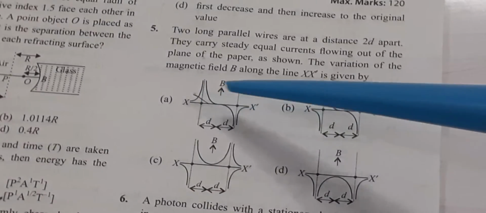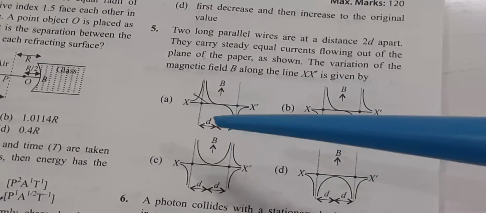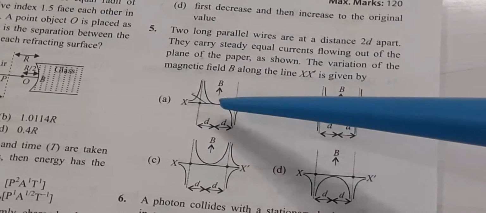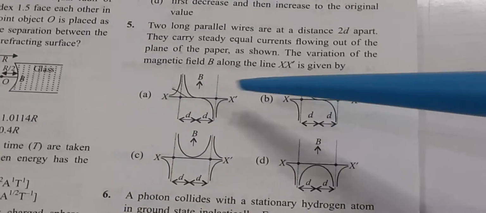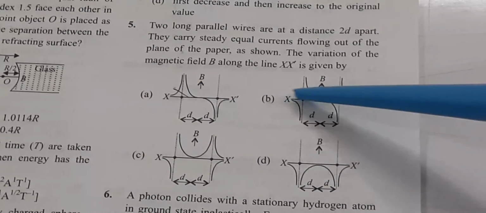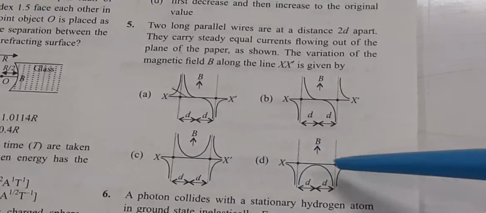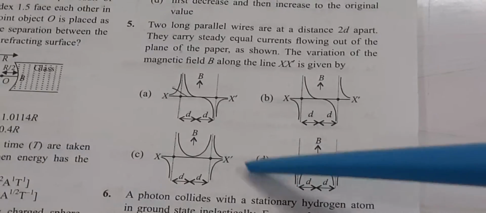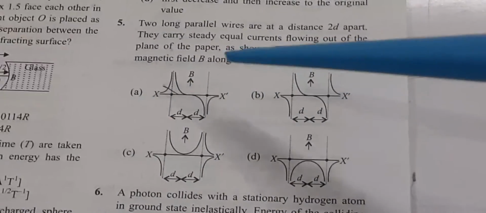So the magnetic field will be in the third quadrant on one side, and in the first quadrant on the other. Among the diagrams shown, two cannot be the answer because the null point is not available there; the field is in one direction only, either upwards or downwards. Among the remaining two we have to see the correct one.